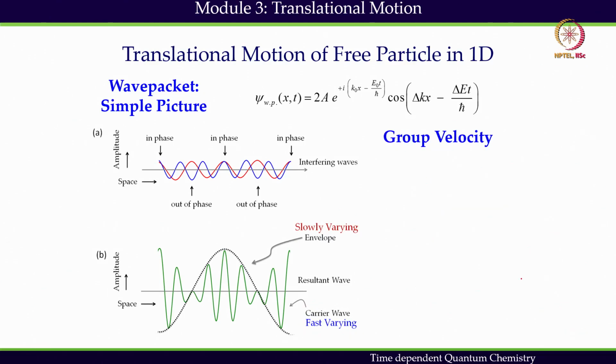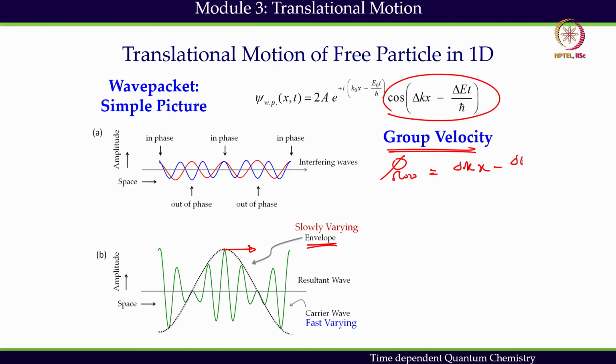We will go for the group velocity. As usual, the definition of group velocity comes from the velocity of the envelope function, that is called the group velocity. So the velocity of the envelope function, and the envelope function is coming from this. So the total phase, it is a slowly varying component, is going to be delta k x minus delta E t by h cut.